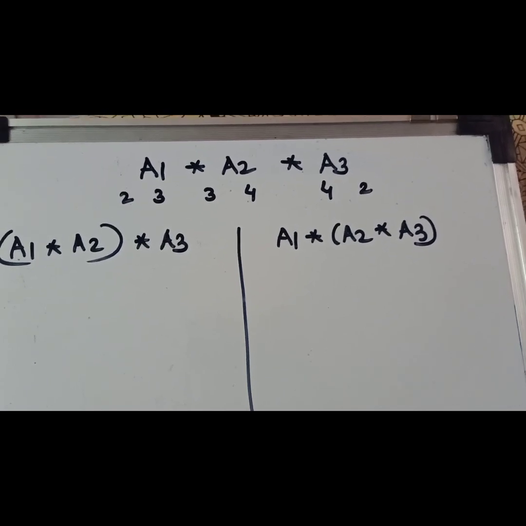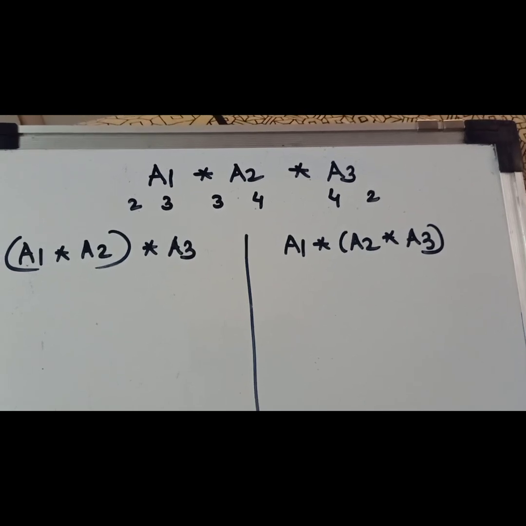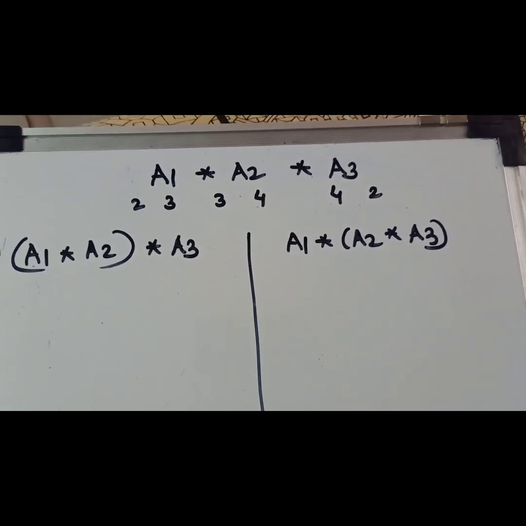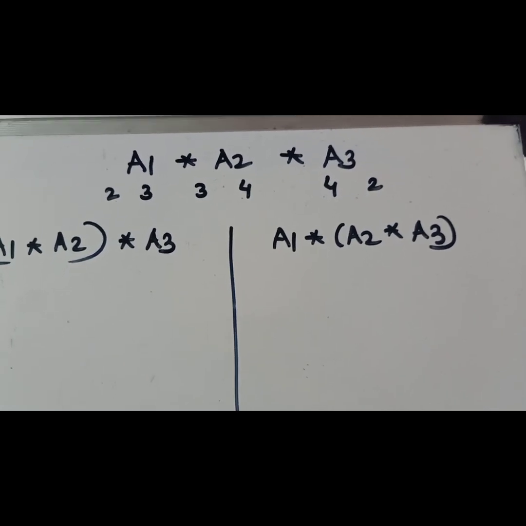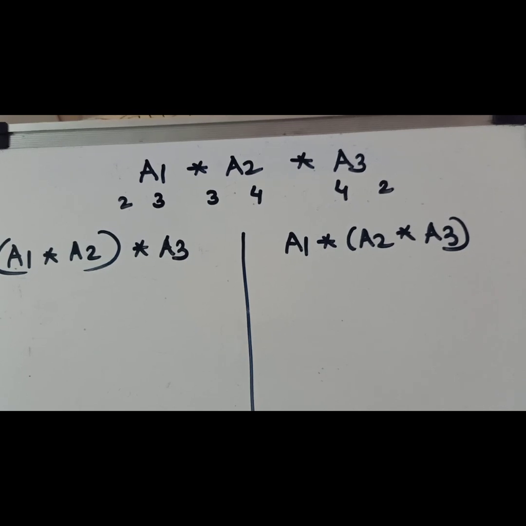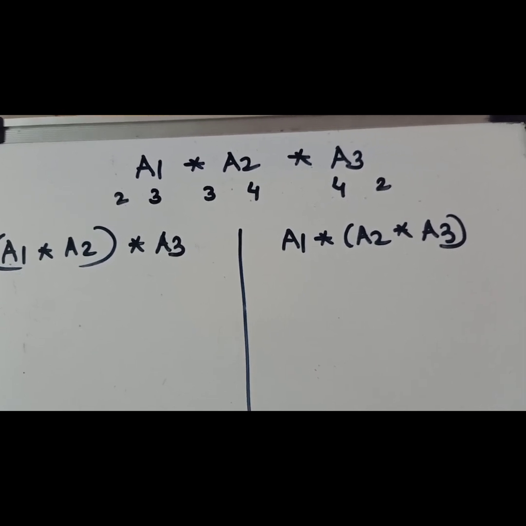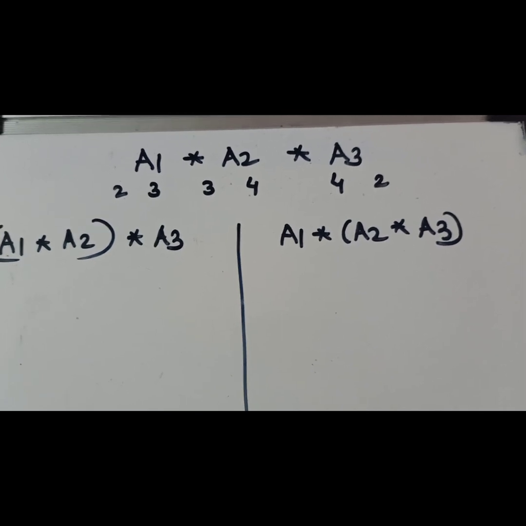We are just analyzing with the help of the dimensions provided. If I want to multiply these 3 matrices, I can't multiply them together. I have to first multiply 2 matrices, and then multiply the resultant matrix with the third matrix. Simple.